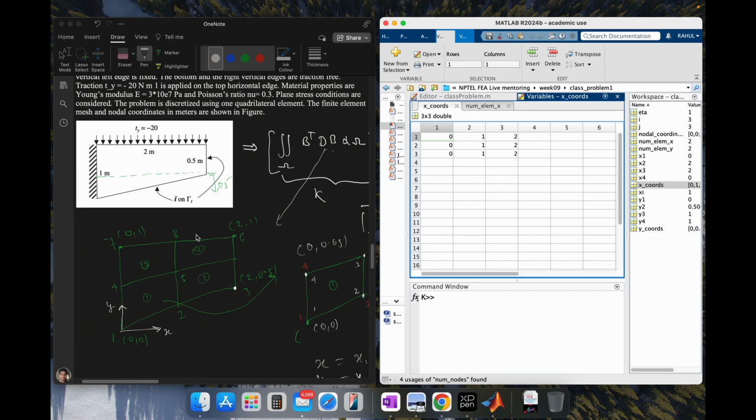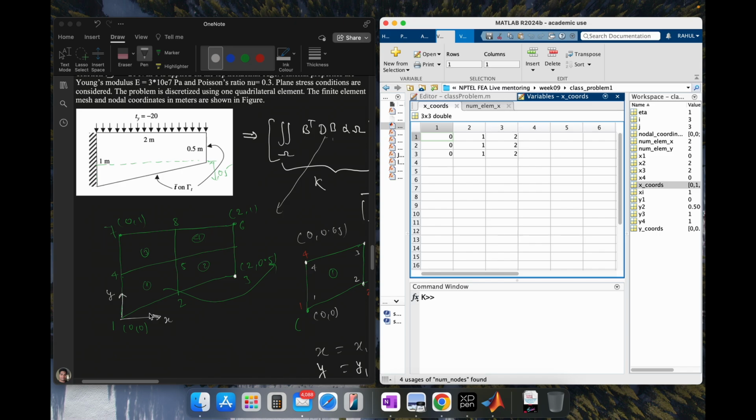This is not the elemental coordinate, actually; based on this mesh, this is the nodal coordinate. So the x-axis along this line will be 0, 1, 2, and along this line 0, 1, 2, and along this line also 0, 1, 2. But the y coordinates will be what? 0, 0.25, 0.5, and here will be 0.5, 0.625 and 0.75.